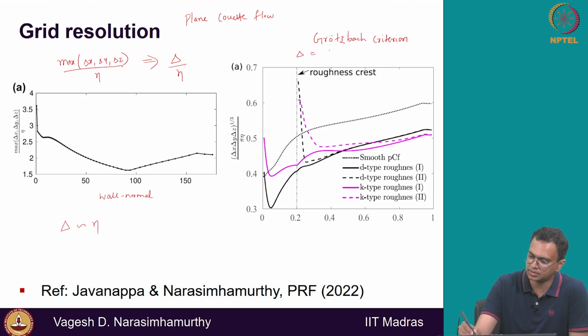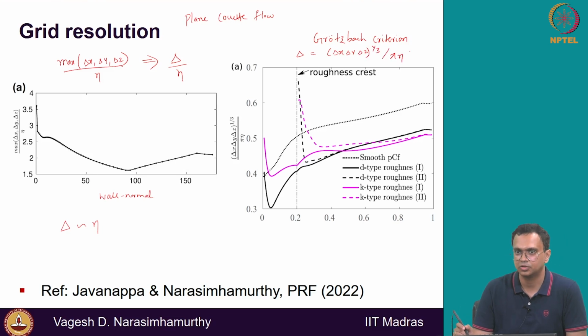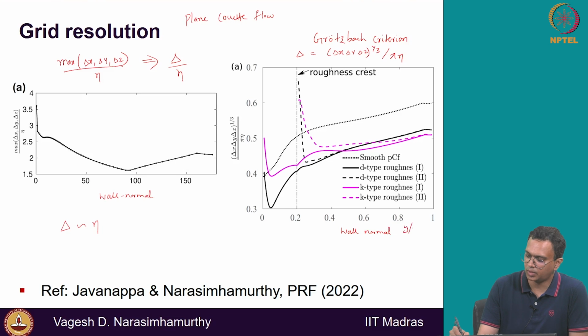Delta is essentially the cube root of delta x, delta y, delta z, divided by pi eta. This criterion is also popular to use, and when I plot that for the same problem, again this is the wall normal direction, y by h, of course this is in the y plus coordinate, same problem. I can see now it is less than 1. So this is good, right?